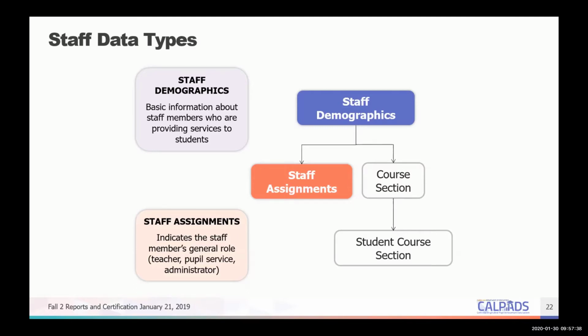Then, of course, you have your staff assignments, which indicate a staff member's general role or designation at the district or charter school. They could be a teacher, pupil service staff, or an administrator. As you can see here, the staff demographics should first be submitted, and then the staff assignments.